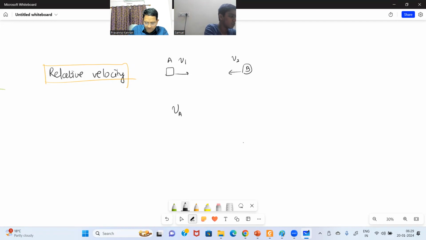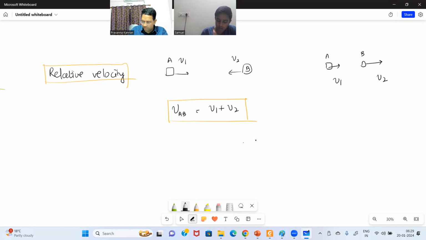The relative velocity of A with respect to B is v1 plus v2. If two objects are traveling in the same direction with velocities v1 and v2, then the relative velocity of A with respect to B is v1 minus v2.